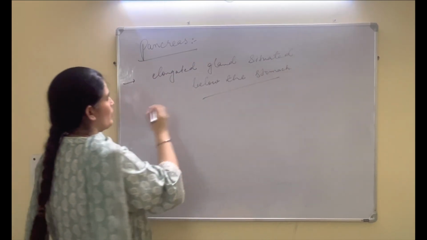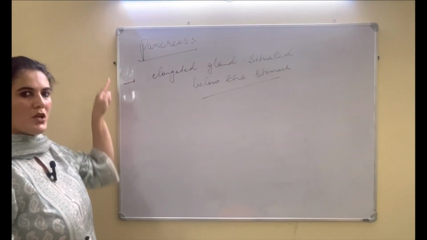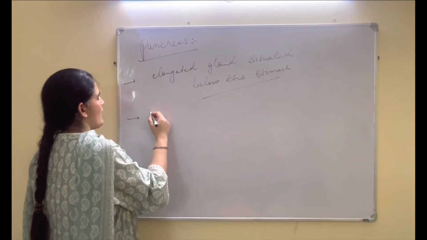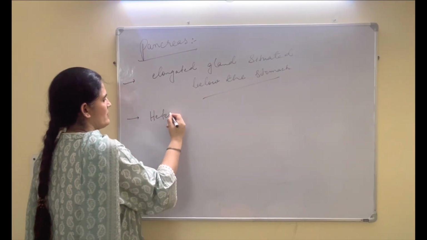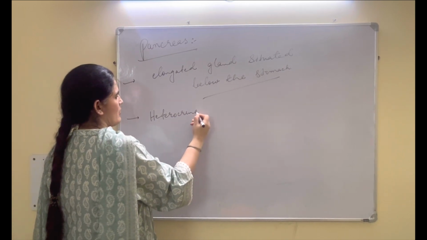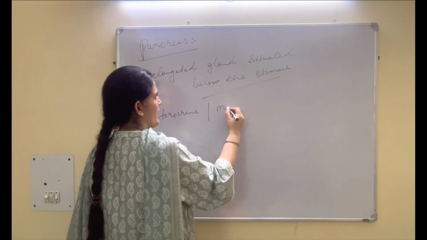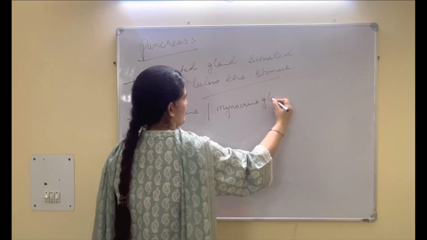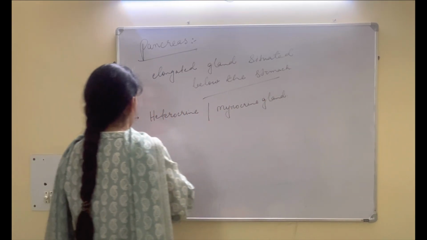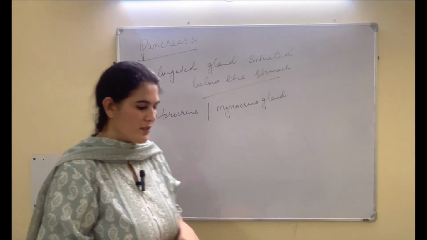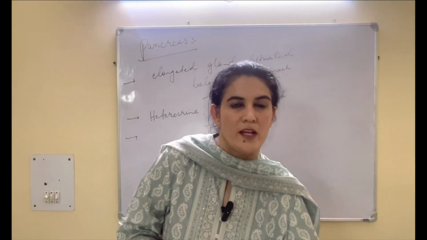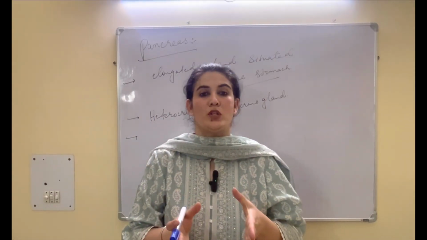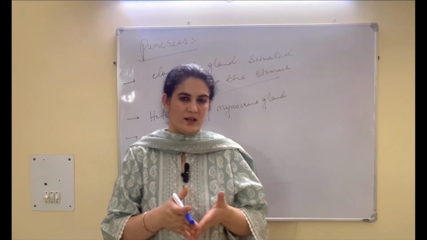Students, it's also known as the heterocrine gland, or the myxocrine gland. Why is it known as the heterocrine or myxocrine gland? You must be knowing, because it acts both as an endocrine and exocrine gland.